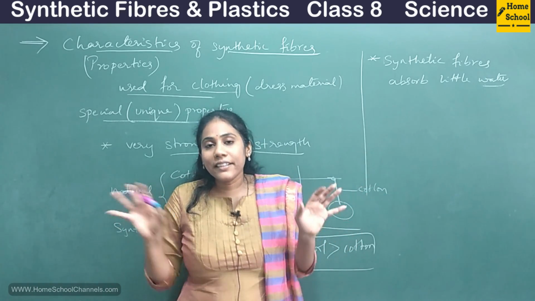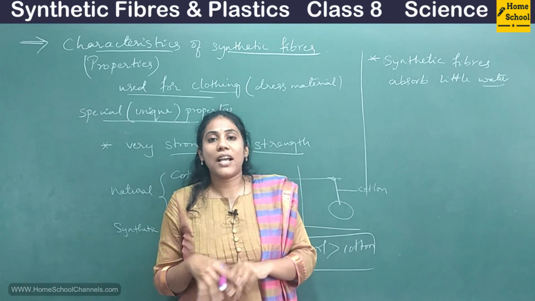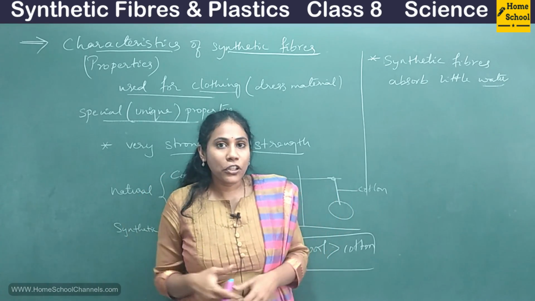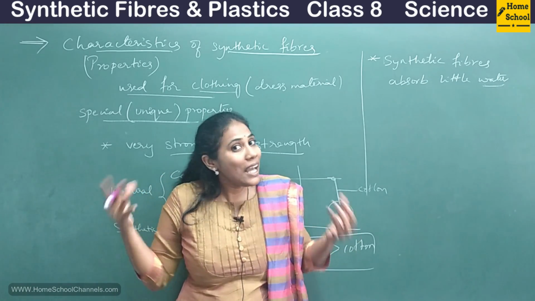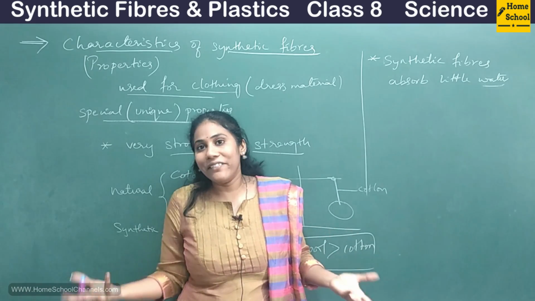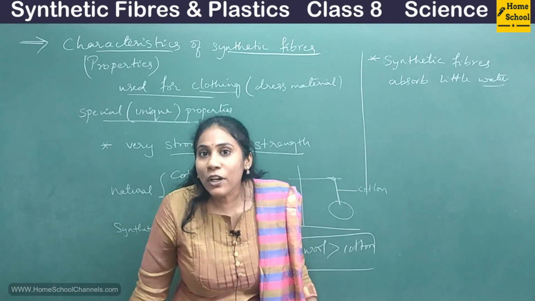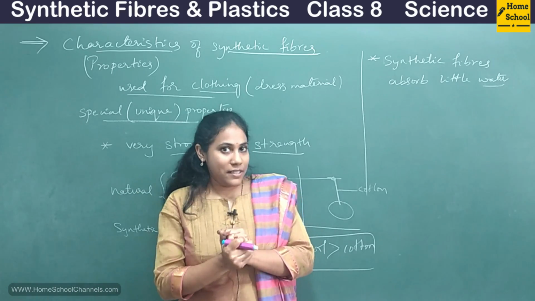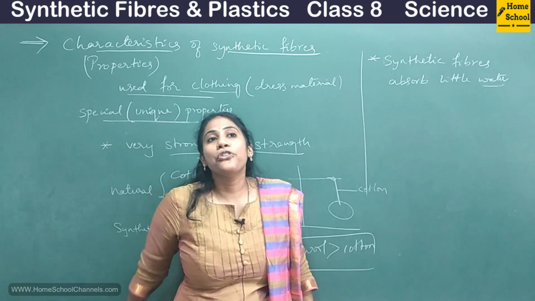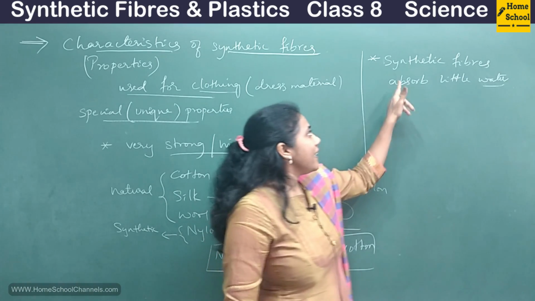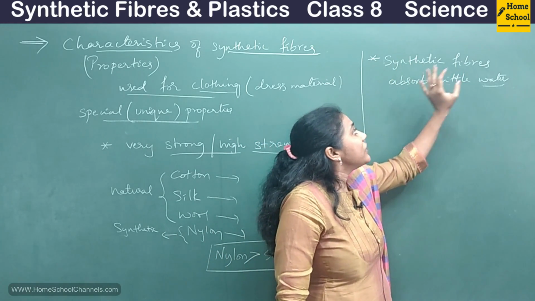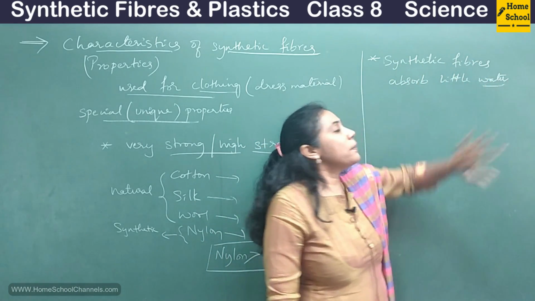And many other synthetic fibers are mixed with each other and you will get that kind of cloth. And does the cloth of an umbrella absorb lots of water? Never, right? Because it is not a good absorber of water, it can protect us from rain, right? So that's how I can say all synthetic fibers are actually little absorbers of water.